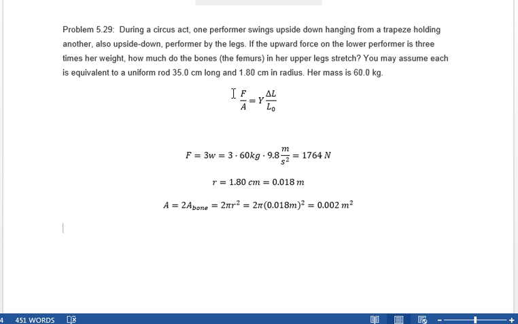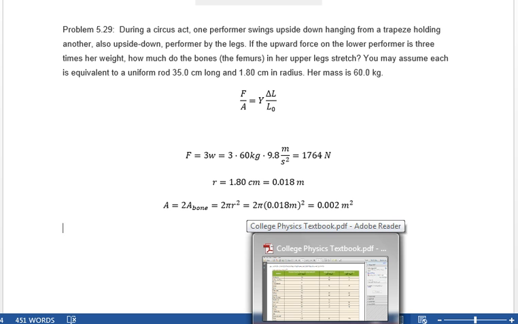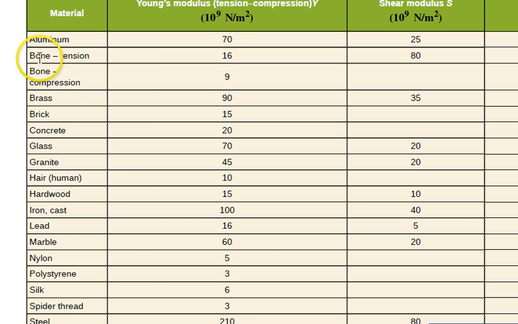Now we need Young's modulus for bone. So we're going to pop over to our book and take a look, and we've got for bone under tension, when it's being pulled like it is here, Young's modulus is 16 times 10 to the 9th newtons per square meter.